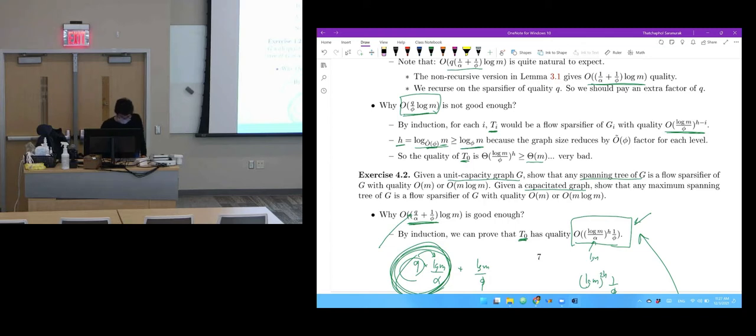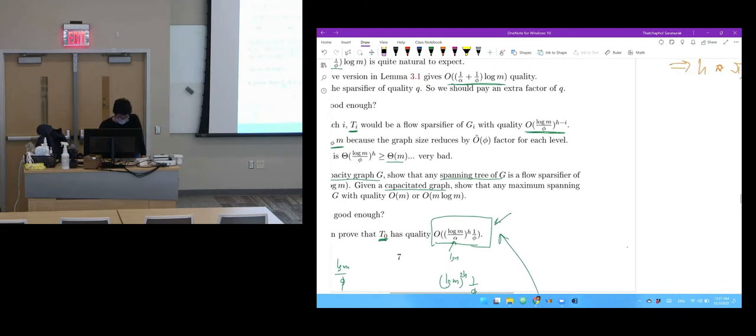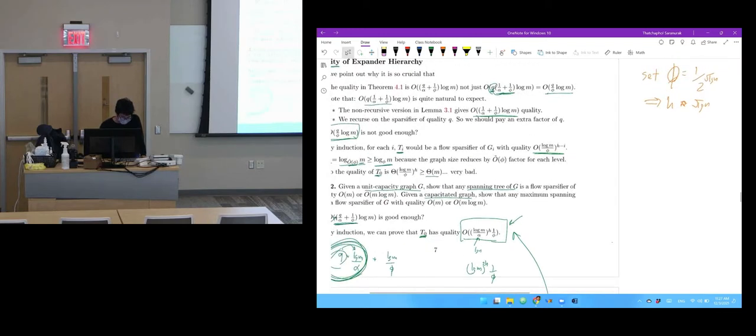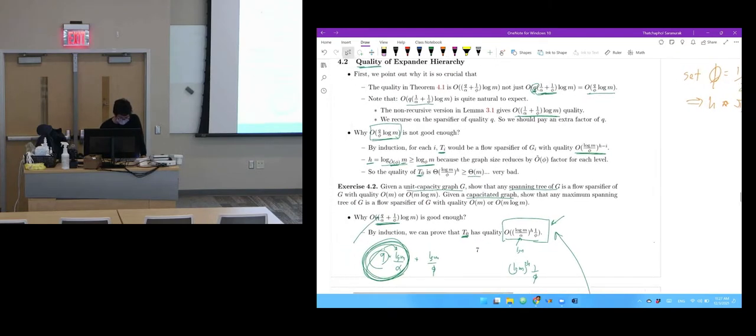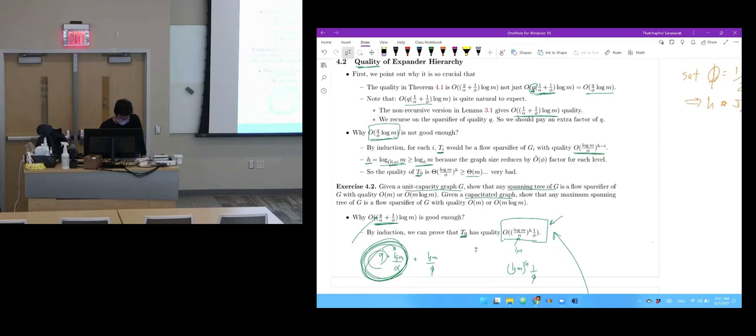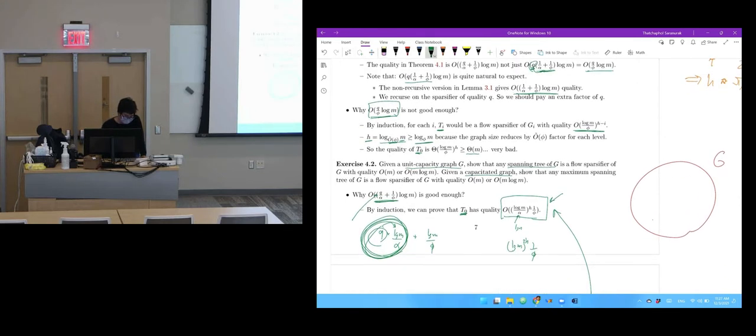Why is it easy to get the tree flow specifier with bad quality, like with m quality? Let's see. Okay, so let's say that the graph is connected and unit capacity, then I claim that any spanning tree is a tree flow specifier of this graph.